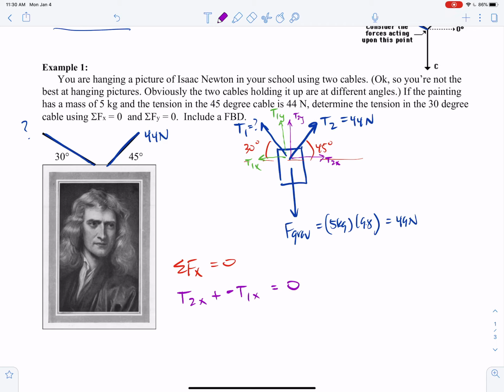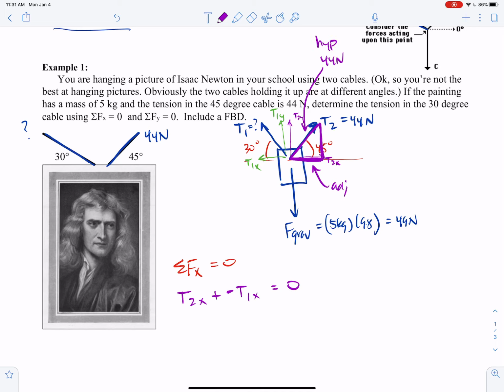So let's take a look at T2, the triangle that T2x is forming, okay? So here's the triangle right here, and I want to find this leg of the triangle. I know this leg already is 44 newtons. So I need to relate this leg, which is the adjacent leg, to this top leg, which is the hypotenuse.